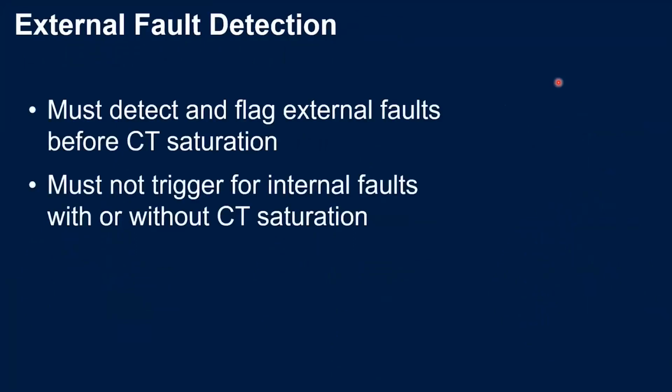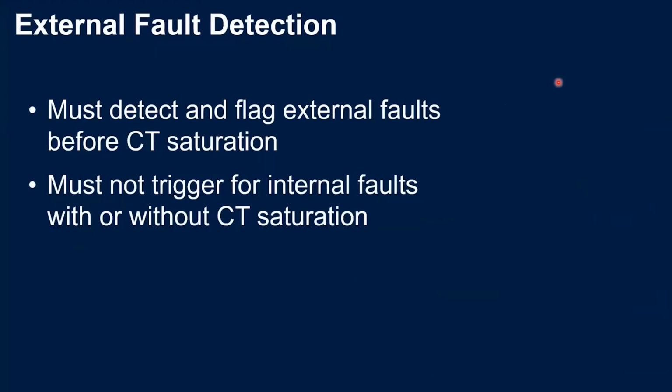Okay, one of the challenges the line differential has, as we saw, is CT saturation. So what SEL has implemented is an external fault detection that will help to assess the scenarios where we have CT saturation. For this logic to work, it must detect and flag external faults before CT saturation happens.